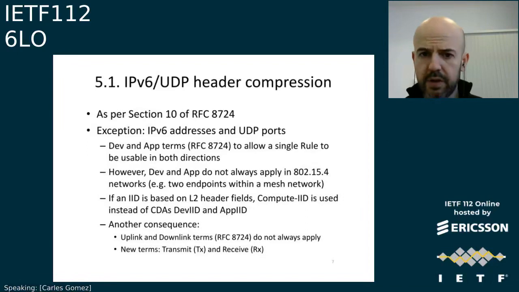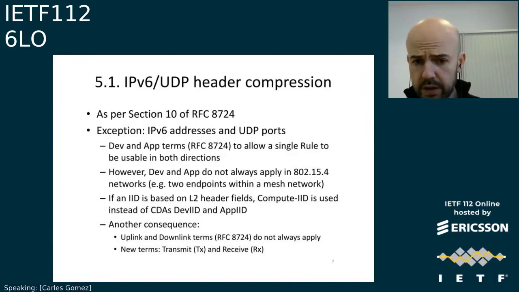For example, when the two endpoints that are communicating are in a mesh network and are of the same category. For this reason, we state in 01 that if an IID is based on layer 2 header fields, then we don't use the compression decompression actions called DEV IID and APP IID. Instead, we use compute IID.